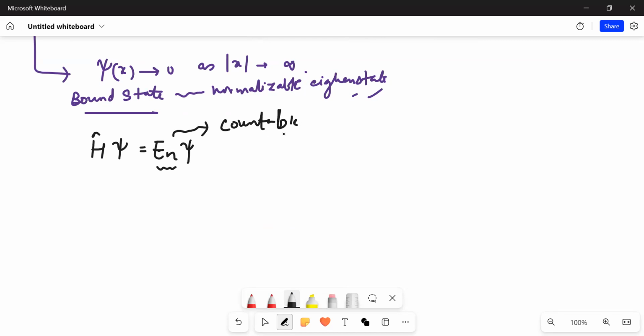Right now I'm just thinking about countable eigenvalues only, to which I can label them with N. Although it is not necessary as such, because it may be possible that for a given potential, the spectrum of H cap may have discrete as well as continuous part. But right now, I'm focusing on this countable energy eigenvalues only.